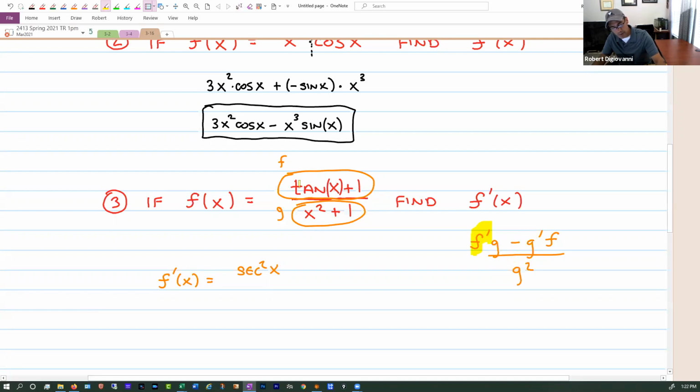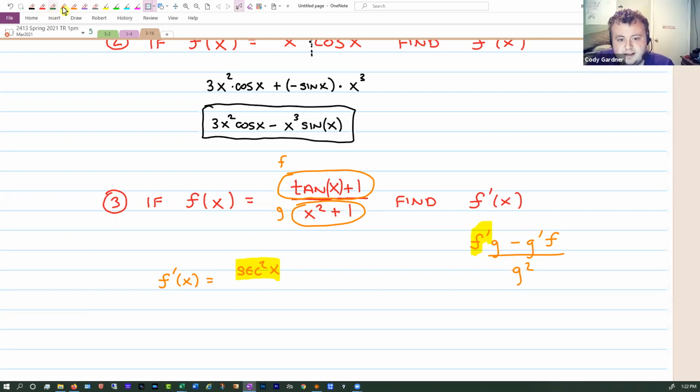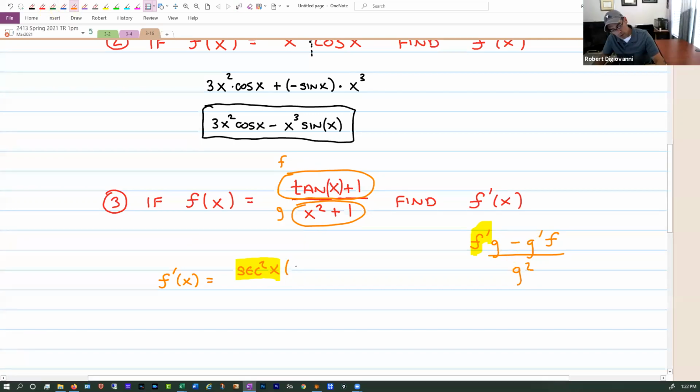We took the derivative of that top piece, which was this. We still have to multiply it times g. What's g? X squared plus 1. So I need that in parentheses because it's 2 terms and it's being multiplied times this. That means I need it in parentheses. Now you can do the minus.